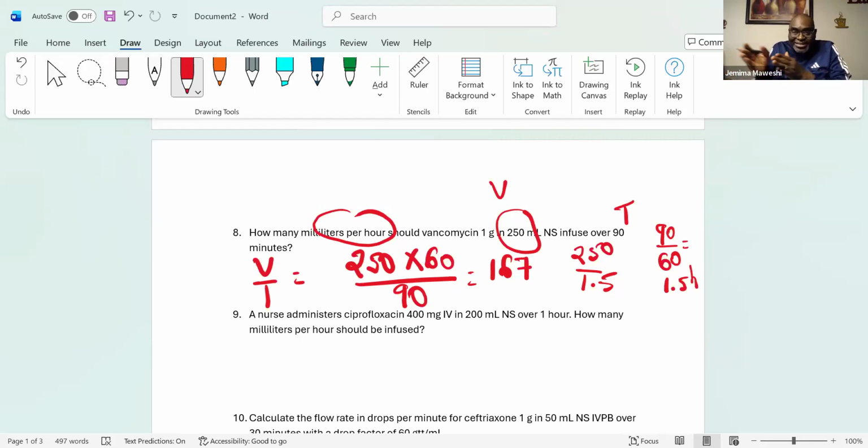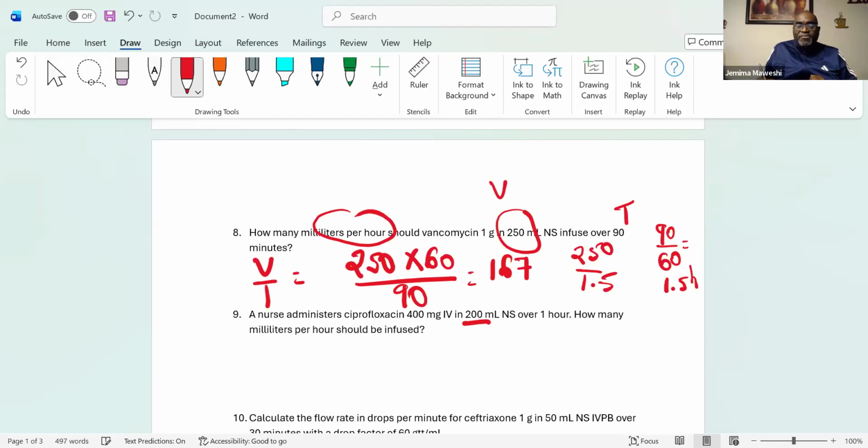But I don't like the second setup. I love the first one. It's good. So anytime your time is in minutes, like here, get your volume, multiply by 60 and divide. But when your time is in hours, you're just going to divide the volume by the hours. Like here, that's a good example.